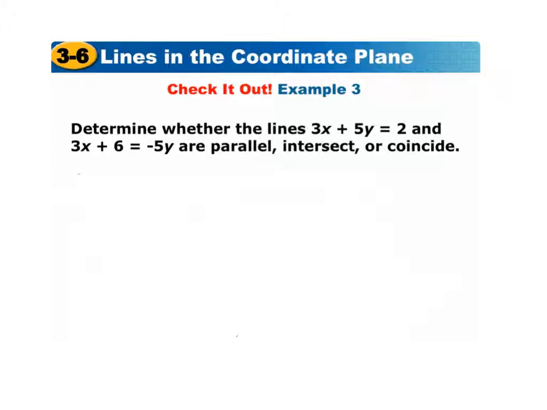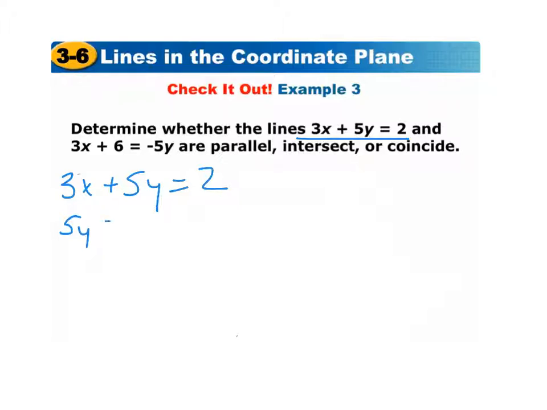Determine whether the lines 3x plus 5y is equal to 2 and 3x plus 6 is equal to -5y are parallel, intersect, or coincide. So let's take the first line, 3x plus 5y is equal to 2. Ton, what do we do first to get this into slope-intercept form? We could subtract the 5y or we could just subtract the 3x.